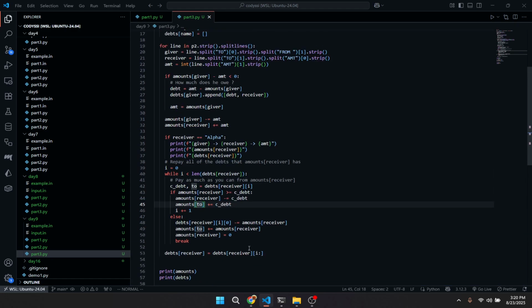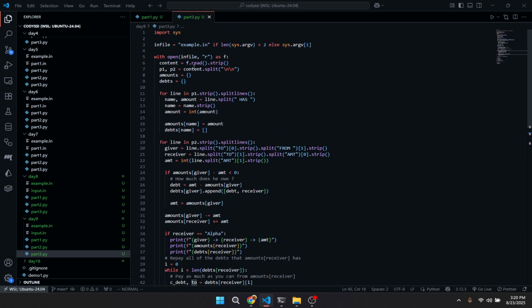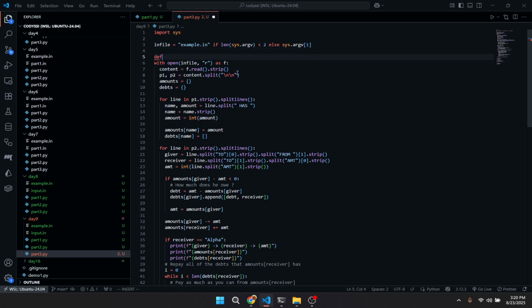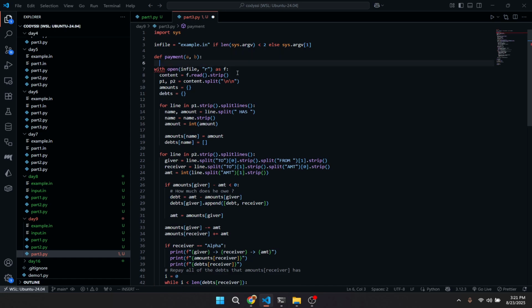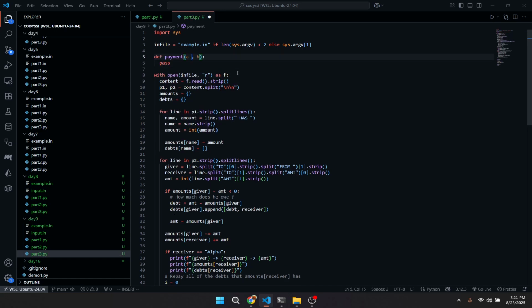So these guys should be functions, right? So once you get paid, you should go ahead and just pay all of your friends. So you go payment, and you can go something of the sort.